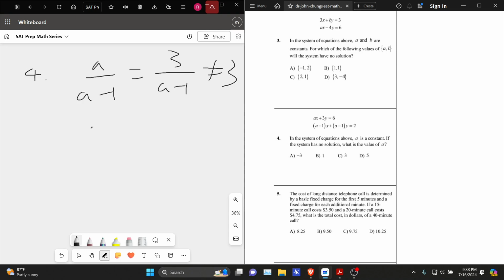What we can do here is just write it out like this, and a is just equal to 3. These two can just cancel out. And yeah, that will just be your answer.